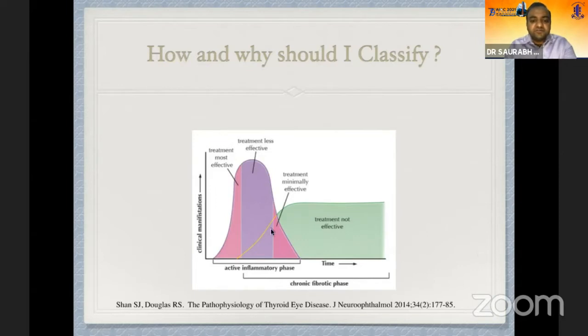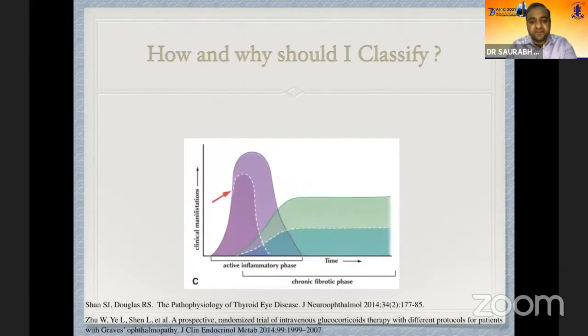What is important to know is that if we treat the patient at the start of the active inflammatory disease, that's where the medical treatment is most effective. As the timeline progresses, these patients convert into the chronic fibrotic phase, where the medical treatment is not effective.